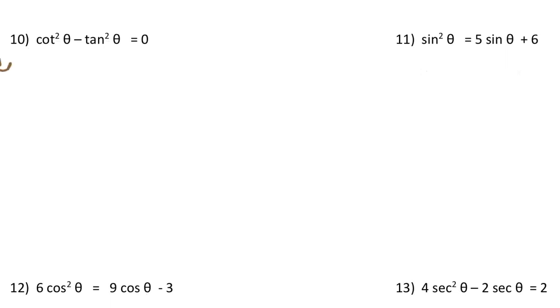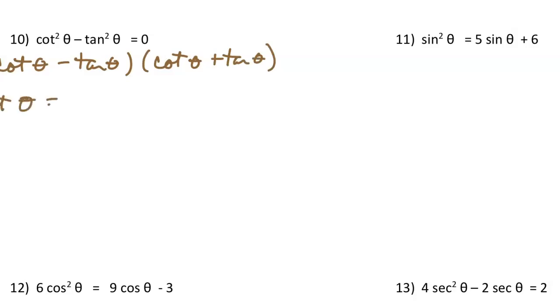So this is just cotan theta minus tan theta. Remember how you factor the difference of perfect squares? Cotan theta plus tan theta. You have two factors. Set each factor to 0. Cotan theta equals tan theta. And then the other one is cotan theta equals negative tan theta.